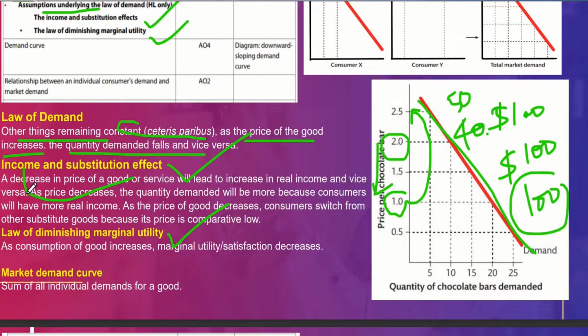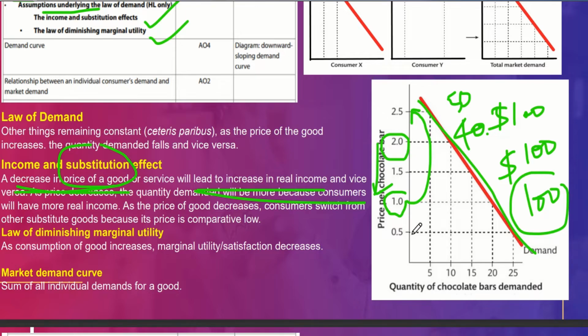Simply, if you look at the definition, income effect means a decrease in the price of a good leads to an increase in real income, and an increase in the price of a good leads to a decrease in real income. But what about the substitution effect? Substitution effect applies when two products are closely related, or one is considered an alternative product.